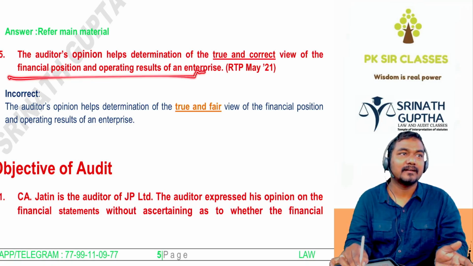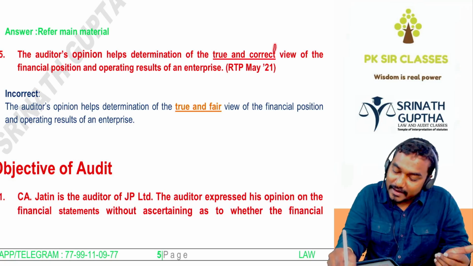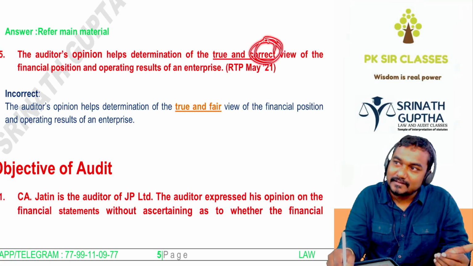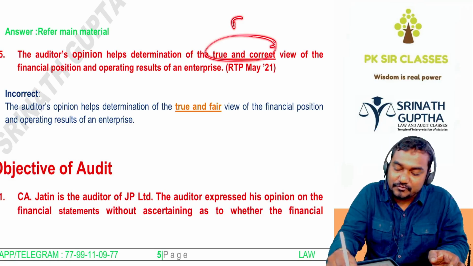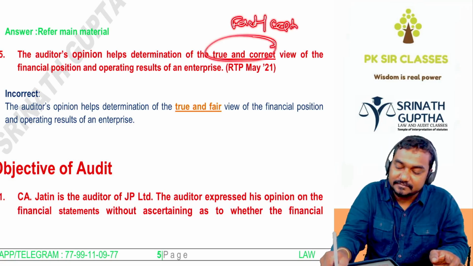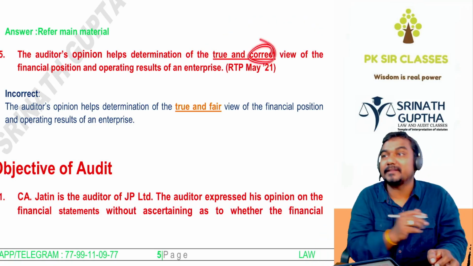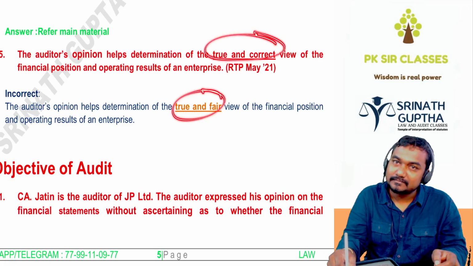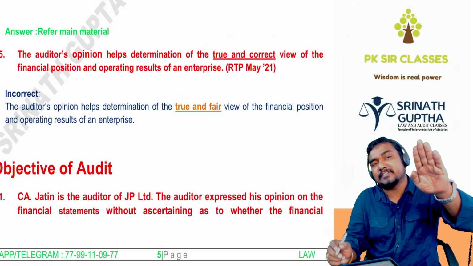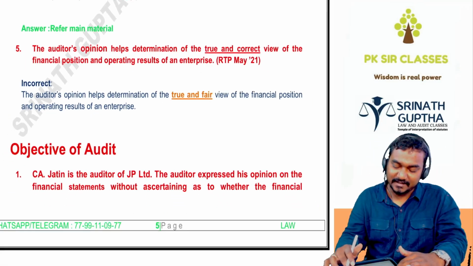True or false? Why false? True and correct means facts, certificates, investigation. So identifying this word is important in the exam. In investigation it is true and correct; in auditing it is true and fair.